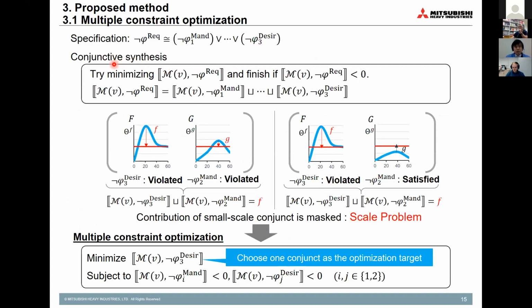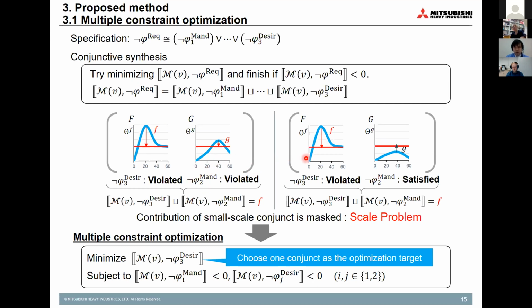For the first challenge, conjunctive synthesis, let me explain the scale problem. Optimization-based conjunctive synthesis problem is described like this. In the usual semantics of robustness, the semantics of a conjunctive requirement is defined as the supremum of the robustness of each conjunct. Example output is shown in the middle. In the left case, both requirements are violated.